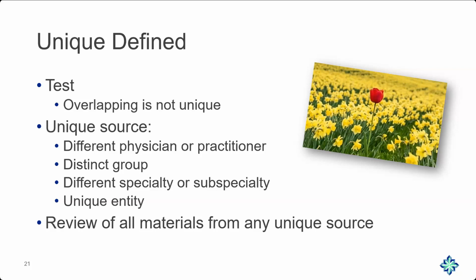That's a unique source. When does this come into play? You might be reviewing results from previous medical records. It could be tests that were done in the ER, and you're reviewing everything that happened in the ER. That's going to be one source. So if you're reviewing materials from a unique source, it counts as one, not every test that they ran at that source.